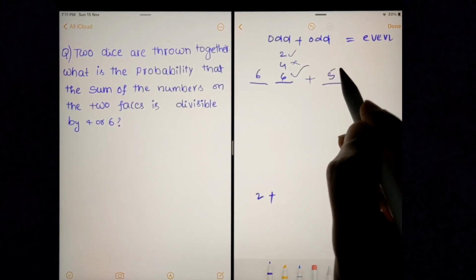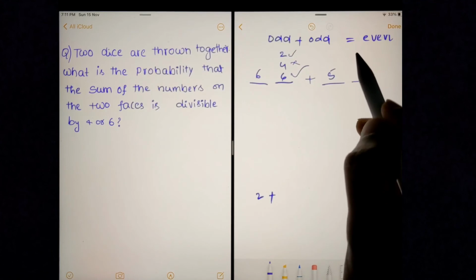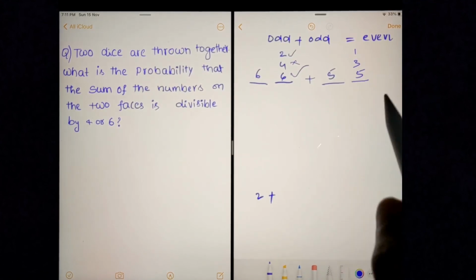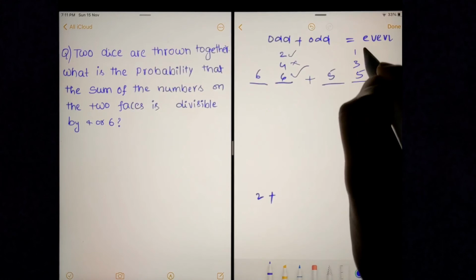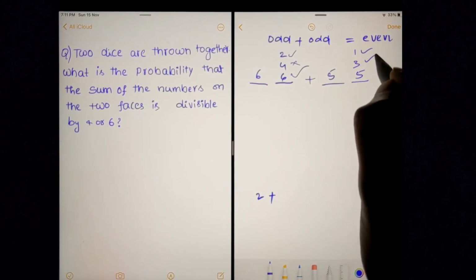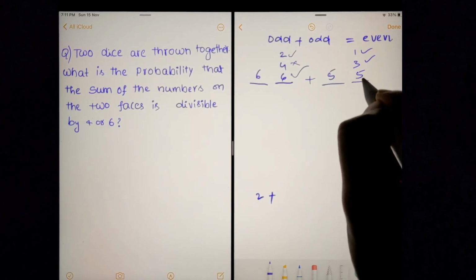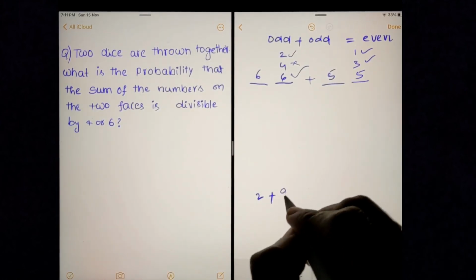And next I am moving on to 5. If the first number is 5, because this is an odd number, the second number cannot be even. Only odd numbers can satisfy, that is 1, 3, 5. Let us see how many of them are satisfying the given condition. 5 plus 1 is 6. It is satisfying the given condition. And 5 plus 3 is 8. This is also satisfying. 5 plus 5, 10. 10 is not divisible by either 4 or 6, only 2 are satisfying.